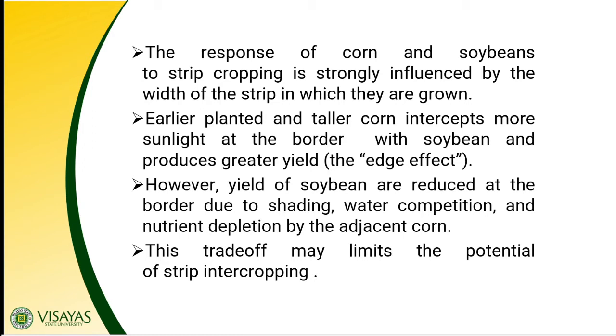On the other hand, the yield of soybean is reduced at the border due to the shading caused by the taller corn plants, and also to water competition and depletion of nutrients by the adjacent corn. This trade-off may limit the potential of strip intercropping.